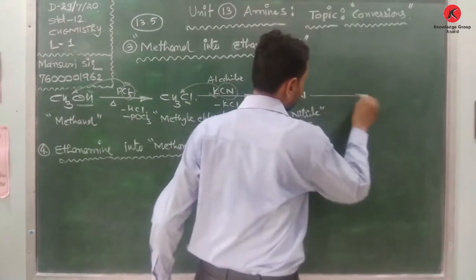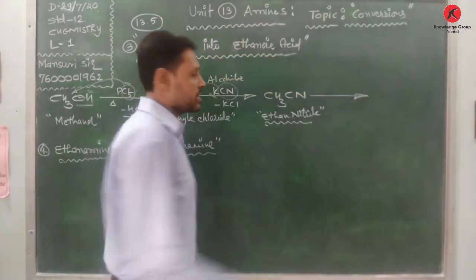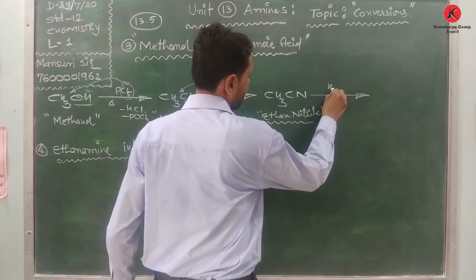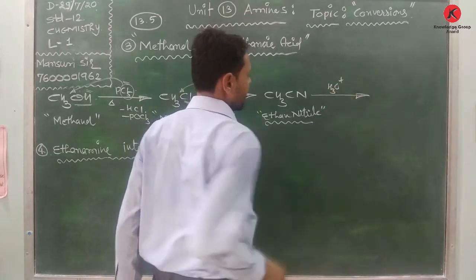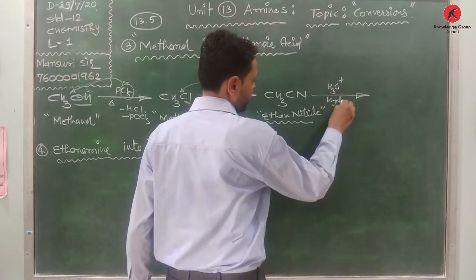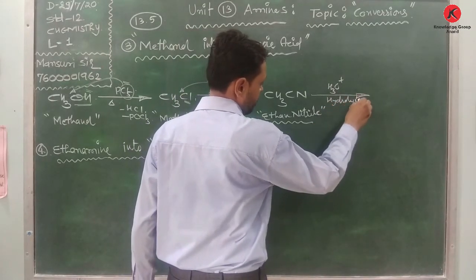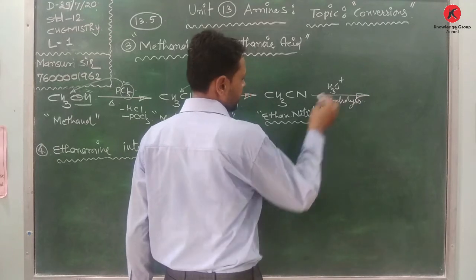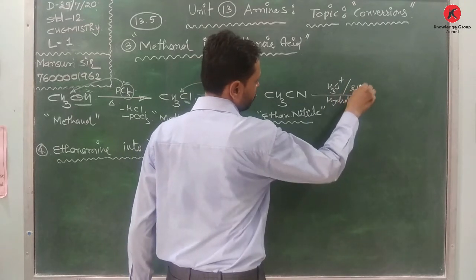After getting ethane nitrile, when hydrolysis is done using acidic or basic conditions, then what will happen? It takes 2 moles of water.